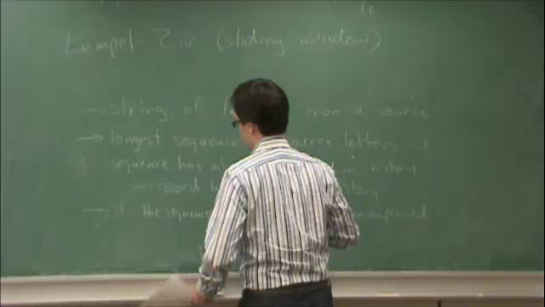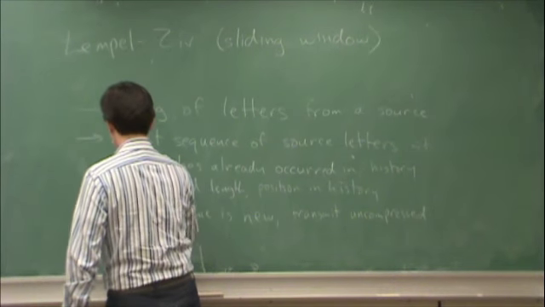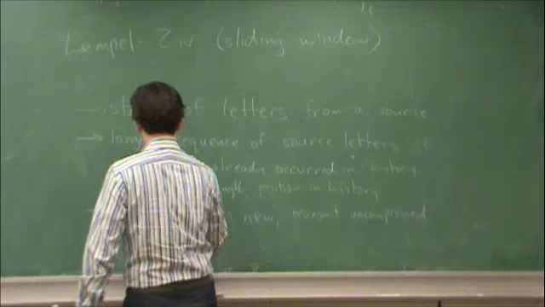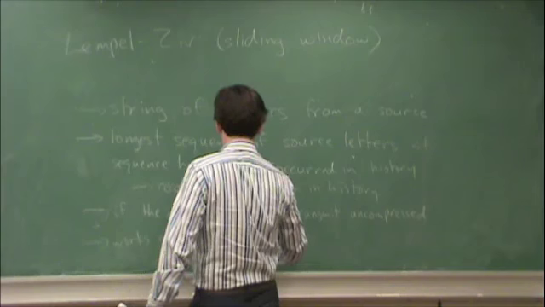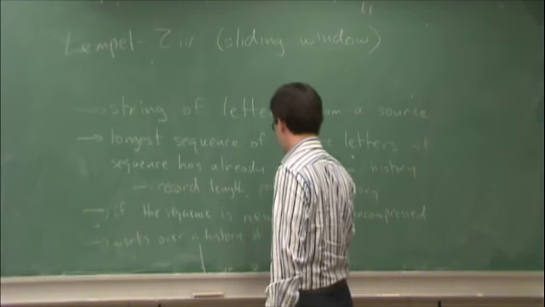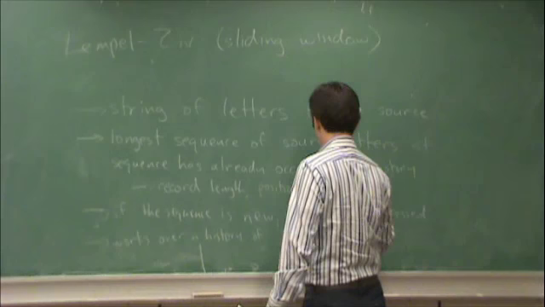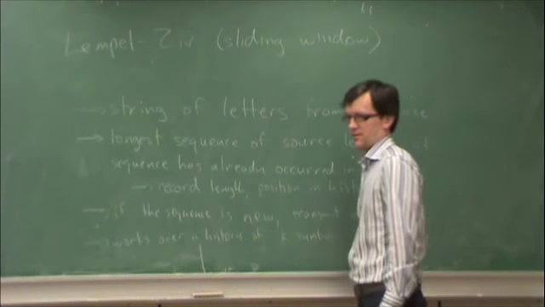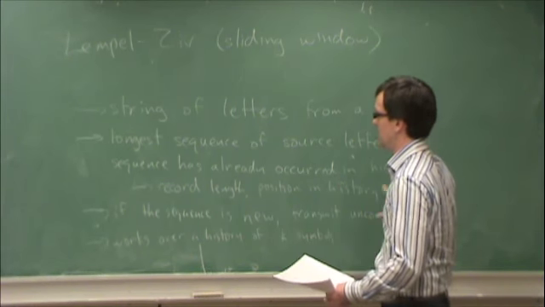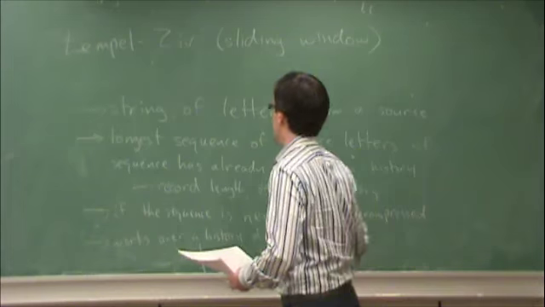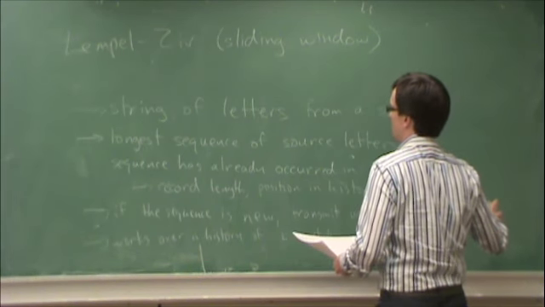It's called sliding window because this works over a history of k symbols, where k is some value less than infinity. So we keep k symbols in memory, and we only work over that length. So I showed you an example last time.